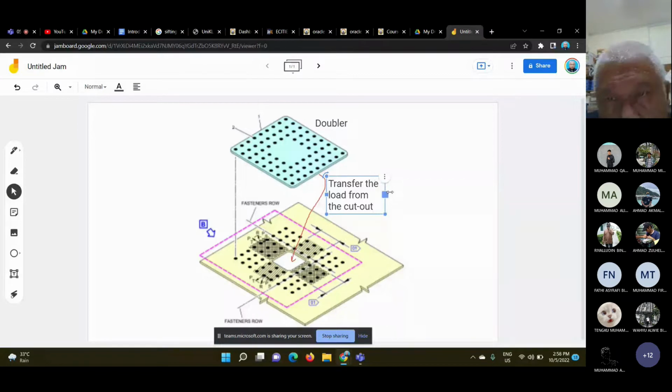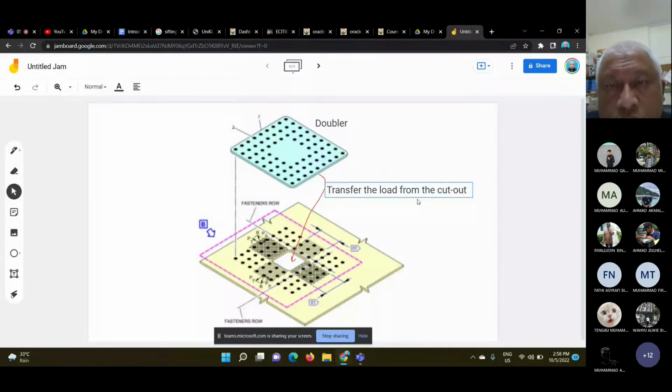Follow me closely, okay. So we use this doubler to transfer the load.